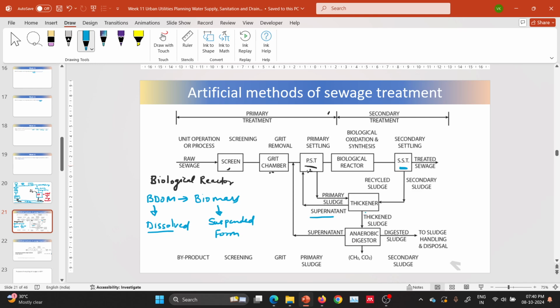The sludge, after removing the water through the thickener, is sent to the anaerobic digester. From there also, what is happening? The sludge is getting stabilized in the presence of microorganisms. So this is a biological process. In the anaerobic digester, the sludge is getting digested, and during digestion the sludge is converted to solids, liquids, and gases.